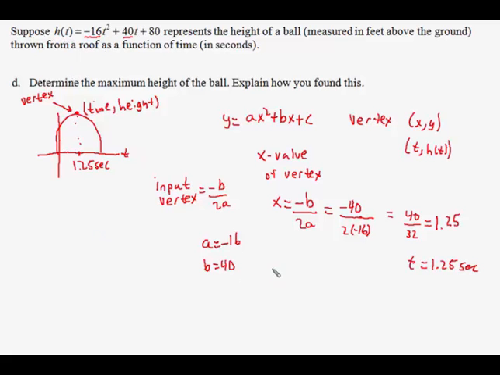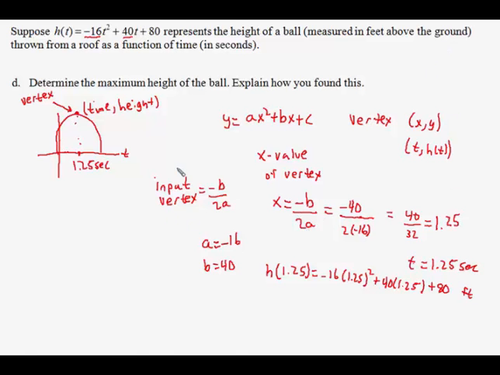So the next stage would be to find h of 1.25, and plugging that into the original equation would be negative 16, and then t is being squared, and then I have plus 40 times t, so that's plus 40 times 1.25. And then don't forget that the equation necessitates that you add 80 at the end, and whatever this comes out to be would be the height of the ball in feet above the ground.